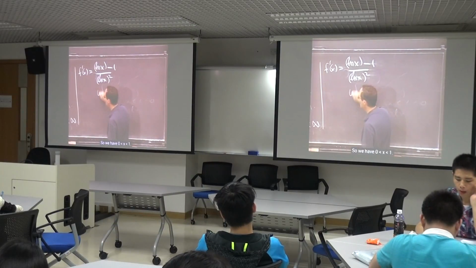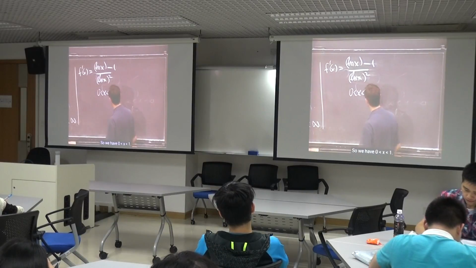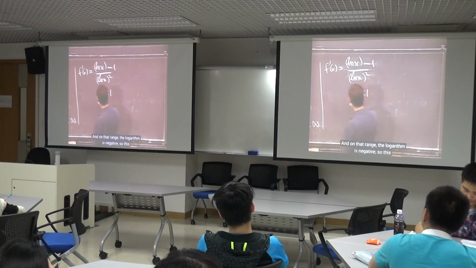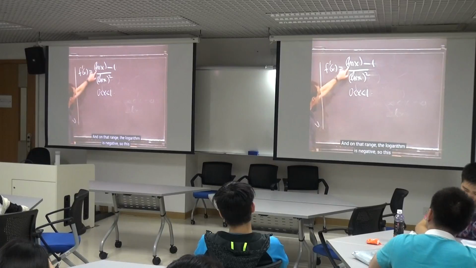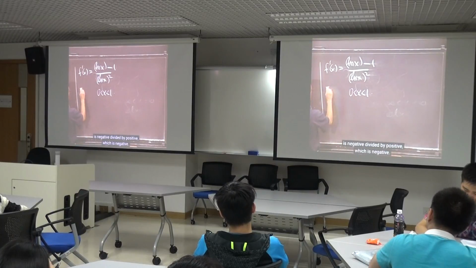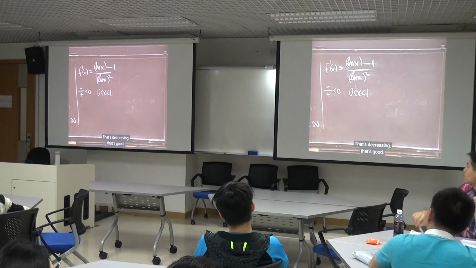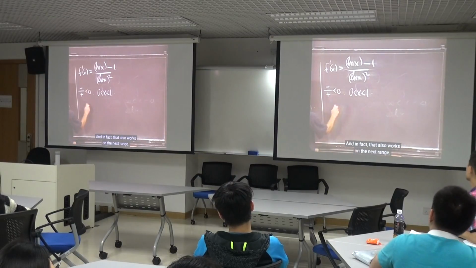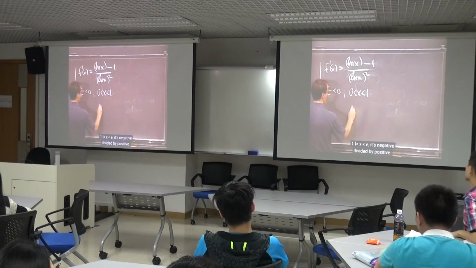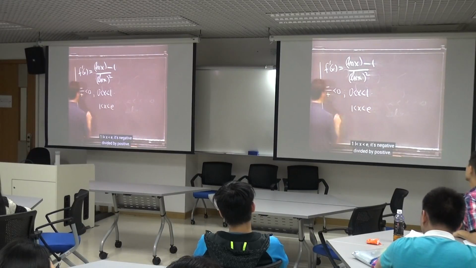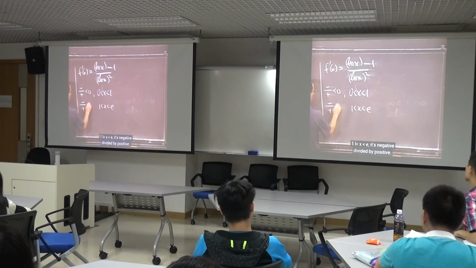We have 0 less than x less than 1. On that range, the logarithm is negative. So this is negative divided by positive, which is negative. That's decreasing. That's good. And that also works on the next range, 1 less than x less than e. It's negative divided by positive.